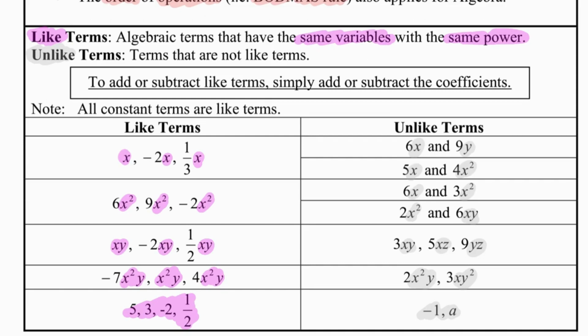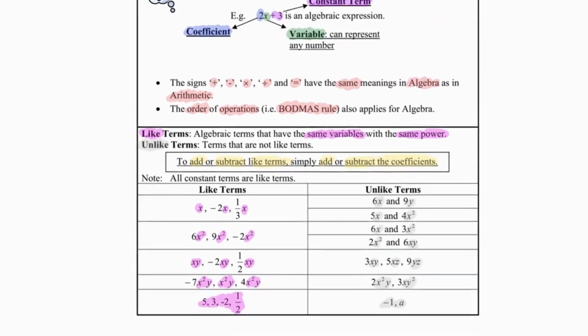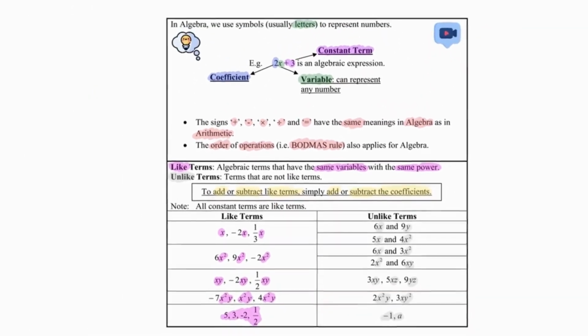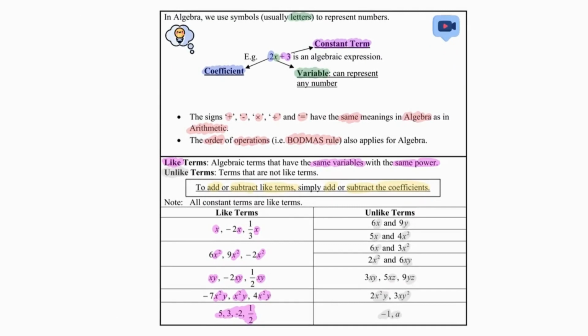For like terms, we add or subtract like terms by adding or subtracting the coefficients, which will determine how many of the variables of the like terms are left. Alright, so this is a quick recap of what we have learned previously before we move on to other parts of this video or this chapter per se.